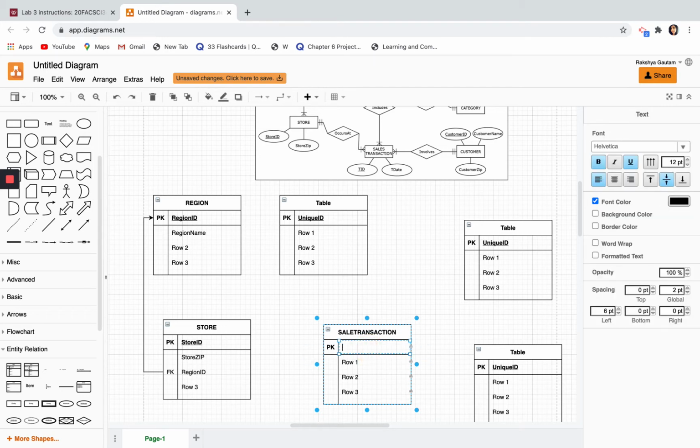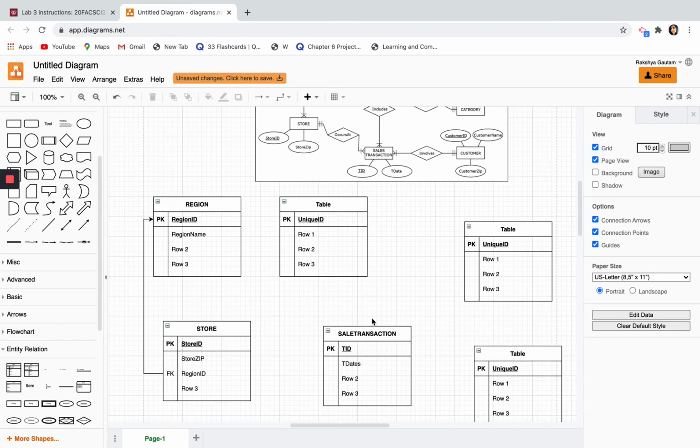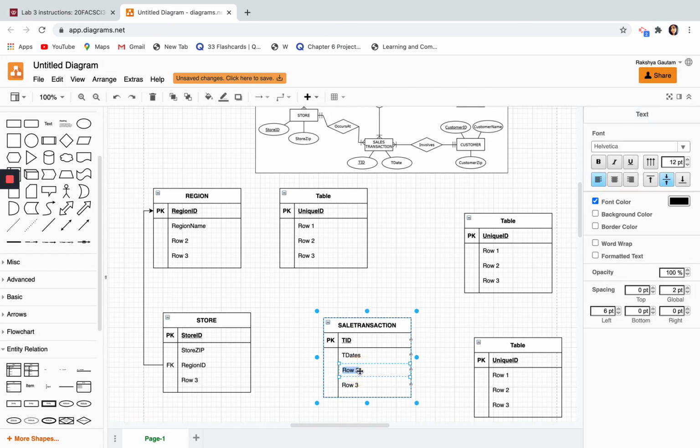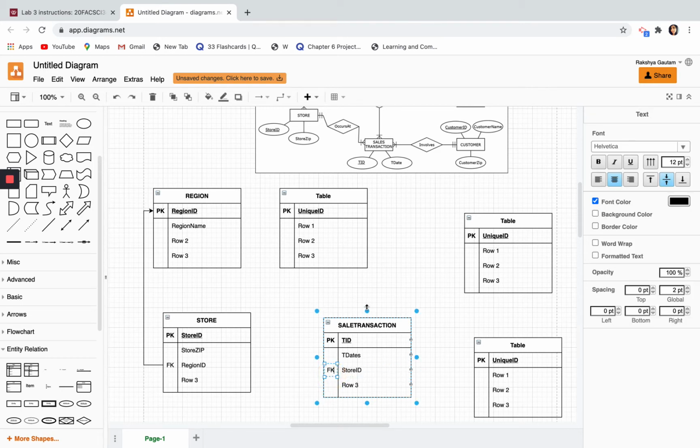Its primary key would be TID, and entry date is its attribute. As every store will have sales transactions, store ID would be the foreign key for the sales transaction.